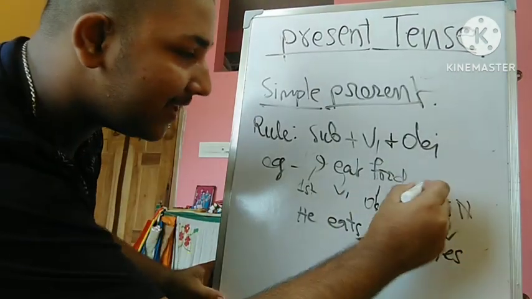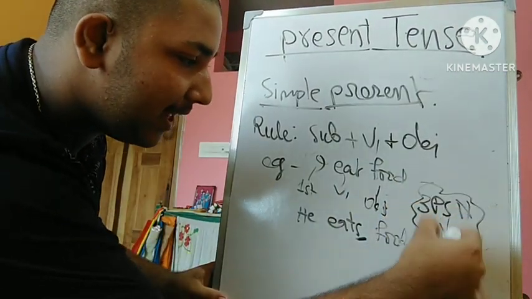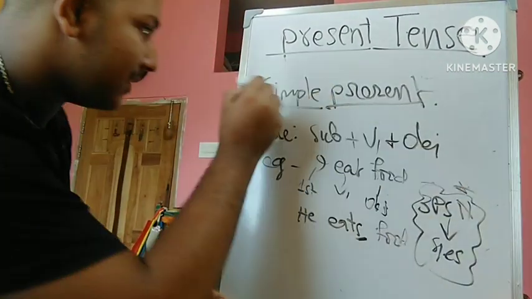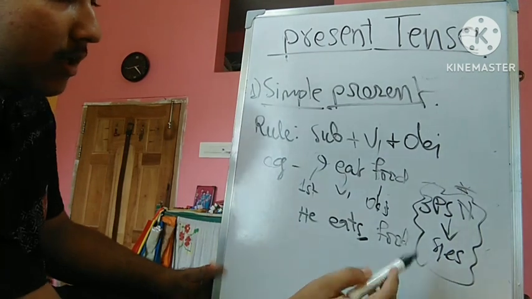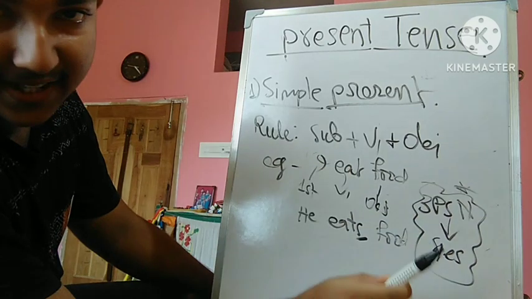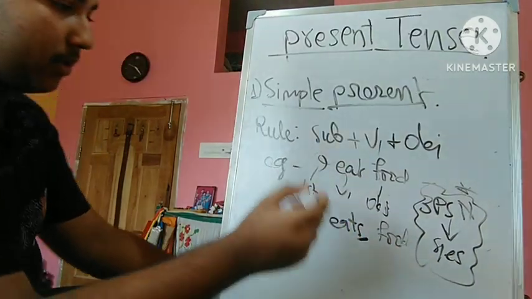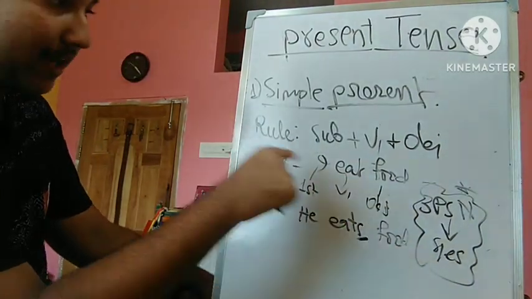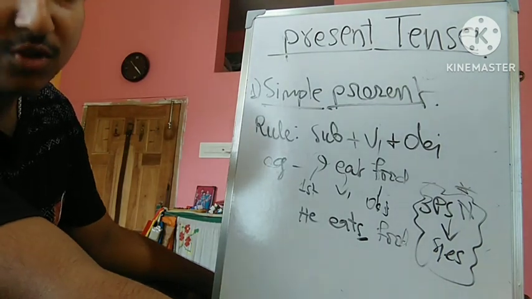This is the very important formula in this part. This is part 1. Okay, third person singular number, S or ES will always be added. Okay, clear to you? Let's move into the present continuous tense.